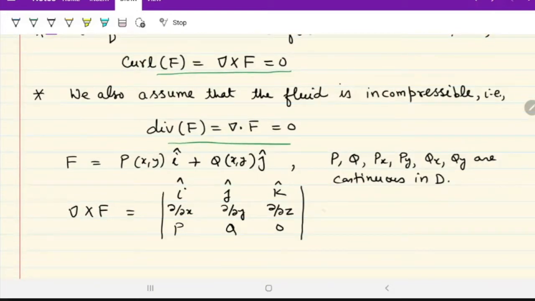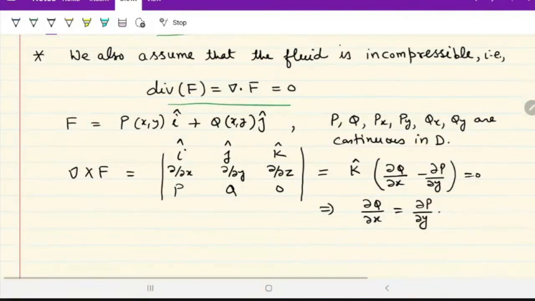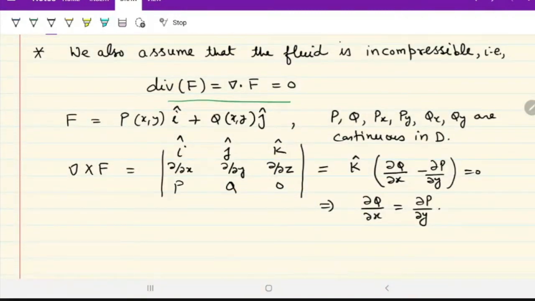When you take this cross product, you will get k cap multiplied by del q over del x minus del p over del y. And this equals 0 means del q over del x is equal to del p over del y. So if our fluid is irrotational, then this is what will happen.